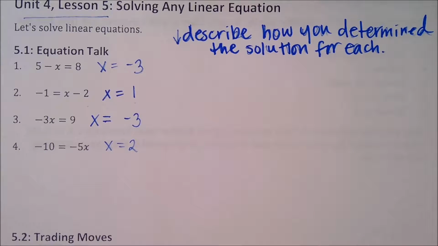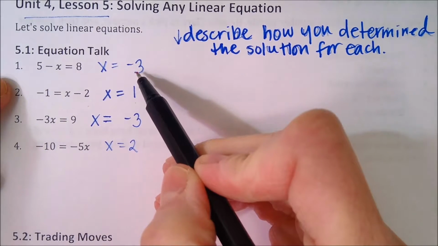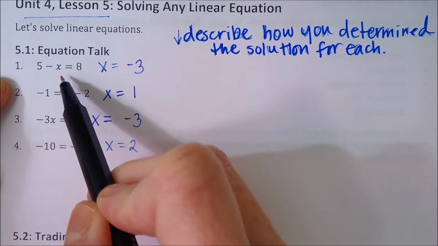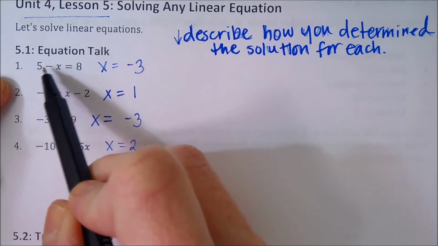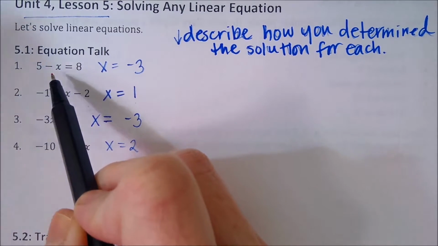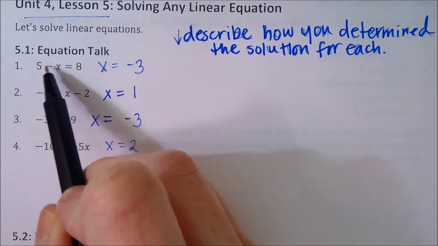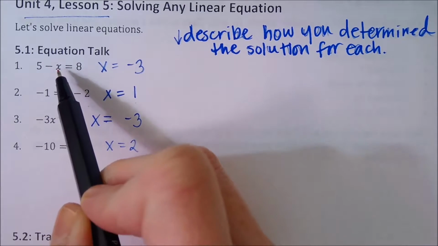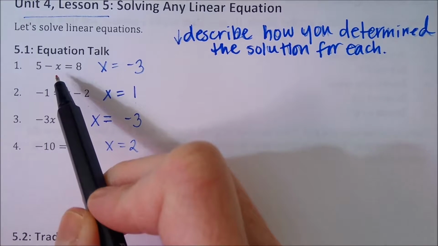Now, if you're struggling a little bit, some ideas, if you look at number 1, that might have been a little bit trickier because 5 minus something equals 8. If I have 5 and I'm subtracting something, usually when you subtract, you get less.